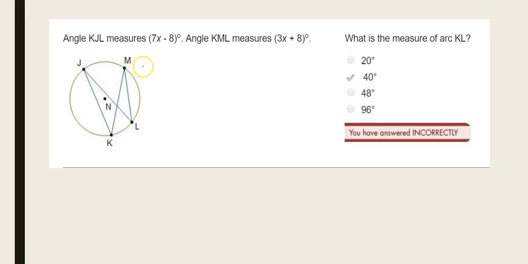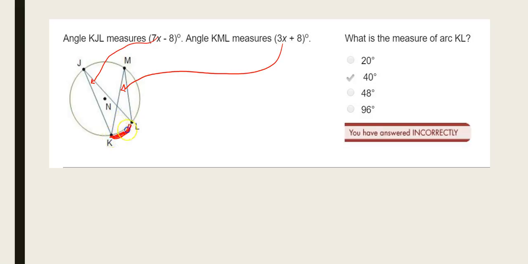Okay, on our next problem here, they're using some algebraic representations of lengths. Angle KJL is equal to 7x plus 8, that's this angle here, and angle KML is equal to 3x plus 8.